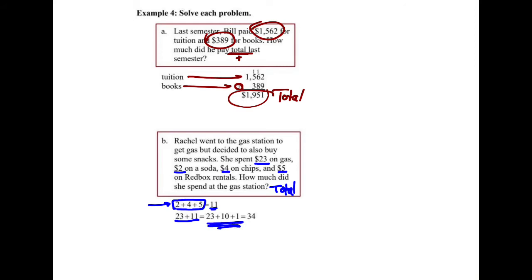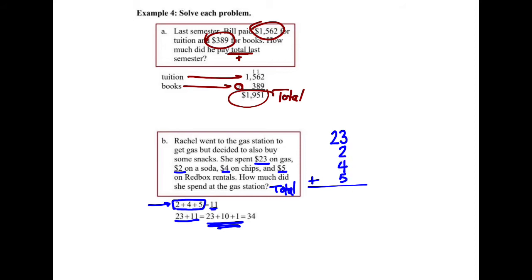You don't have to do that. However, if you line them up this way, that's going to be a bit of work, right? So what I would suggest is look for numbers that are easy to add up. 2 and 3 give you 5. 5 and 5 give you 10. And then 10 add the 4 is 14. That was kind of messy. Let's do it again.